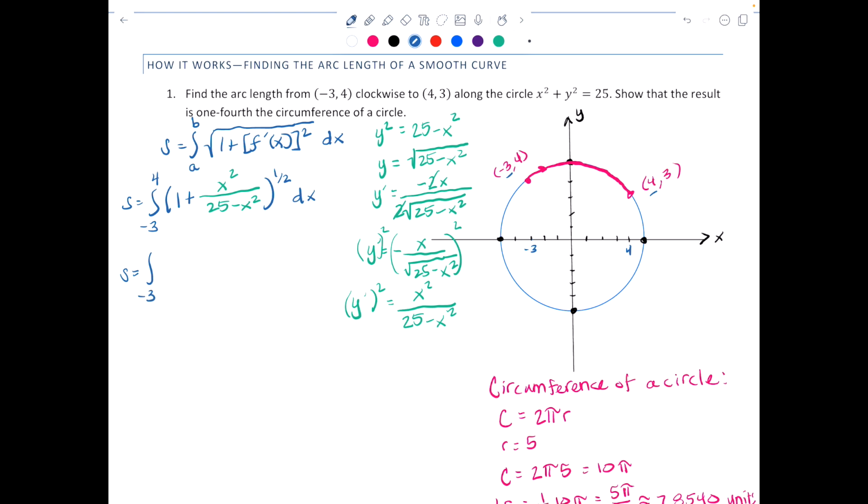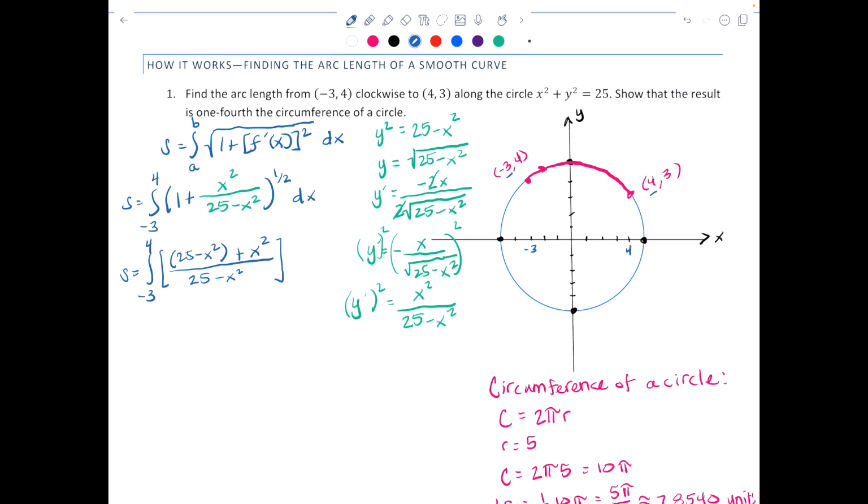So we're going from negative 3 to 4, and when I get a common denominator, I will have 25 minus x squared plus x squared all over 25 minus x squared.